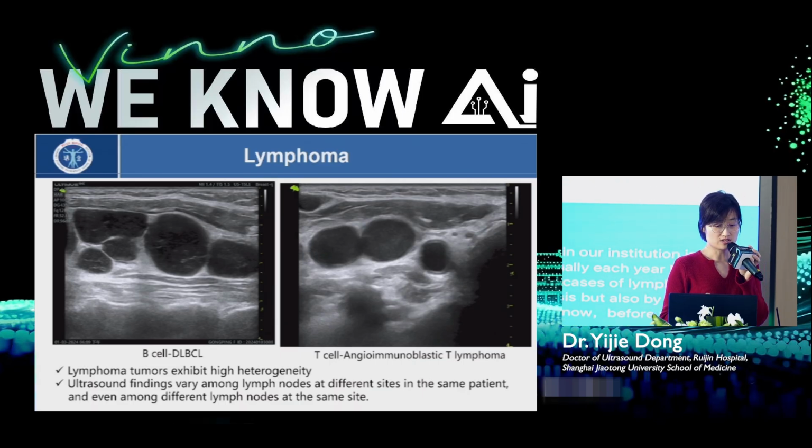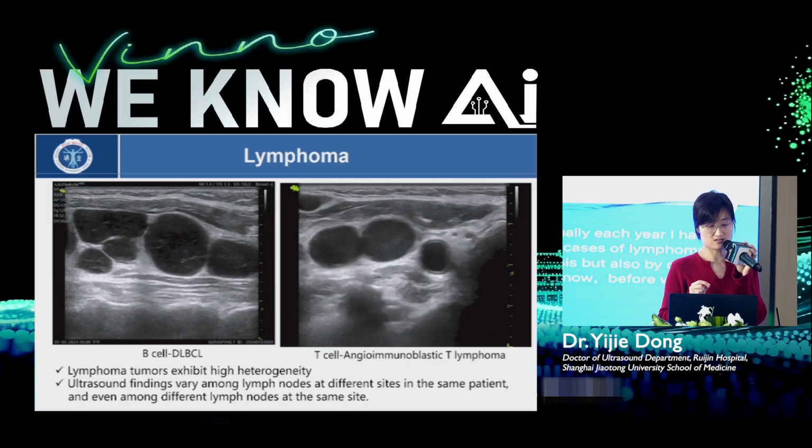So for lymphoma, tumors exhibit higher heterogeneity, and ultrasound findings vary among lymph nodes at different sites in the same patients, and even among different lymph nodes at the same site.